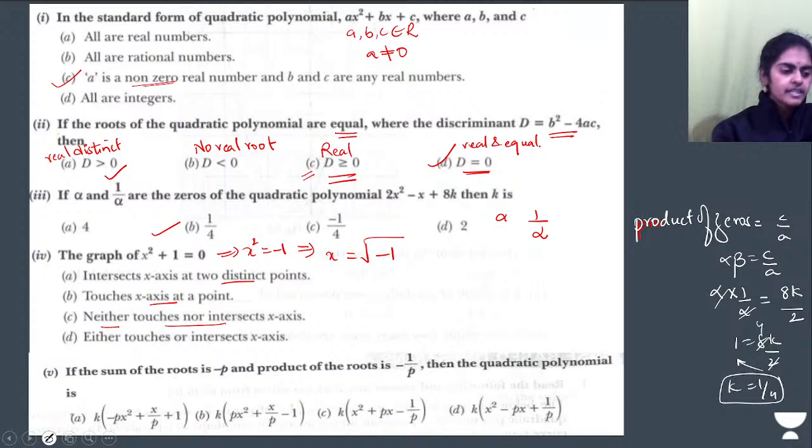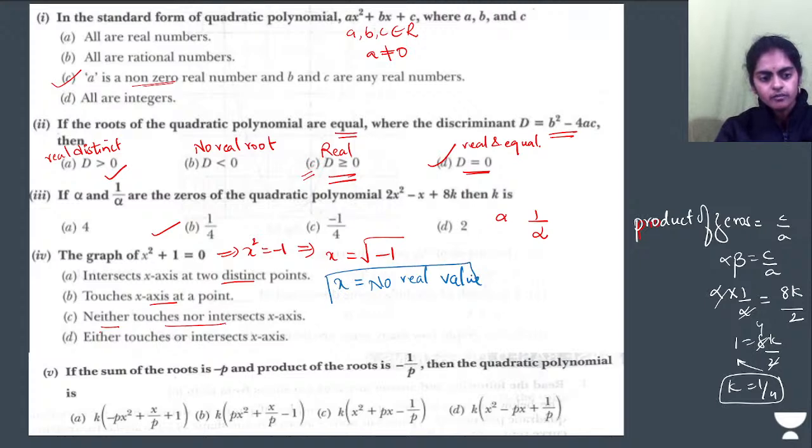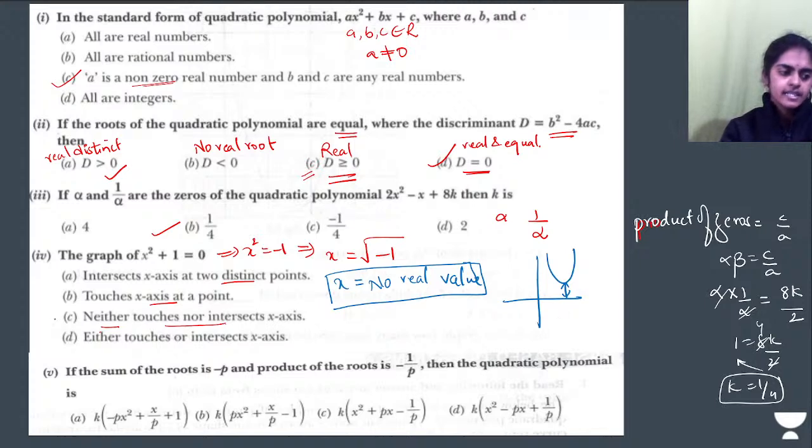So root of a negative value, is it defined? Okay, so इसका no real value आएगा. So मतलब x का there is no real value. अगर x का कोई real value नहीं है, so you know that when there is no root, the graph neither touches the x-axis nor intersects the x-axis.